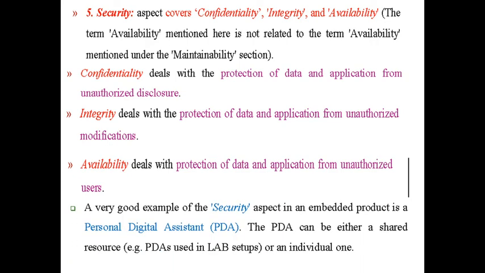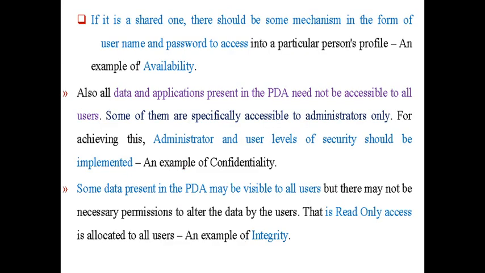The example we are going to see is the personal assistant, the PDA. It is a shared one. There should be some mechanism in the form of a username and password to access a particular person's profile. It's an example of availability. Also, all data and applications present in the PDA need not be accessible to all users.